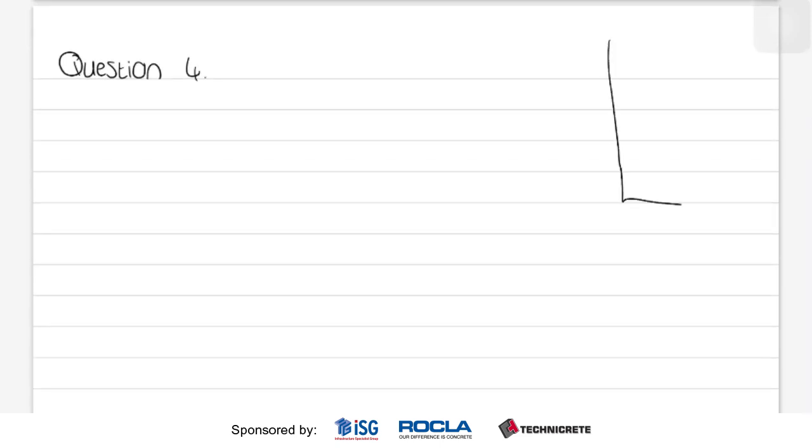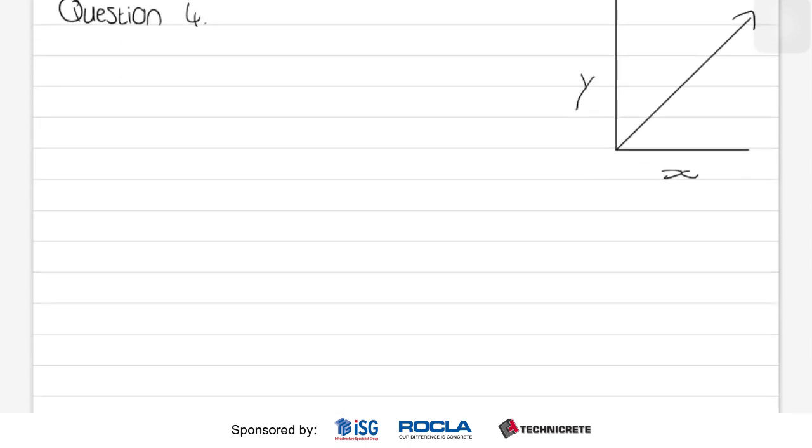So you're given a graph indicating a linear or directly proportional relationship. This y-axis is 1 over a, so meters per second to the power of -2 to the -1, and this x-axis would be your mass in kilograms.